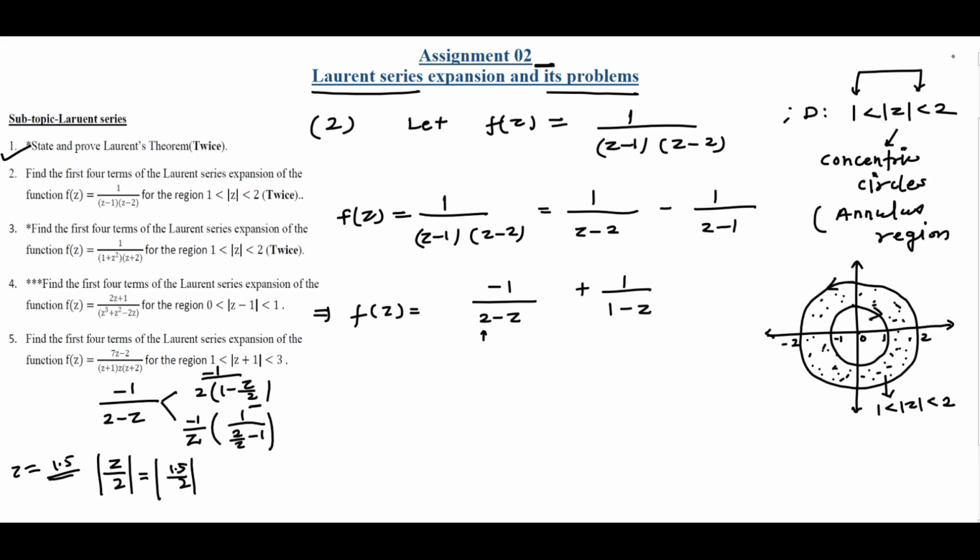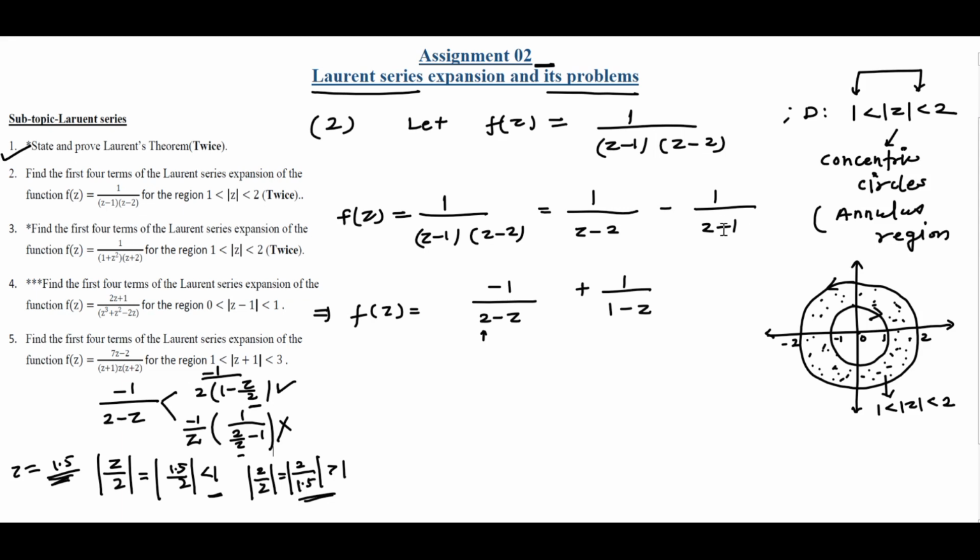This value will always be less than 1, and this series will be convergent if |z/2| is less than 1. So this is possible. If I put z = 1.5 in |2/z|, that is |2/1.5|, it is greater than 1. In this domain the series will not be convergent, so this is not possible.